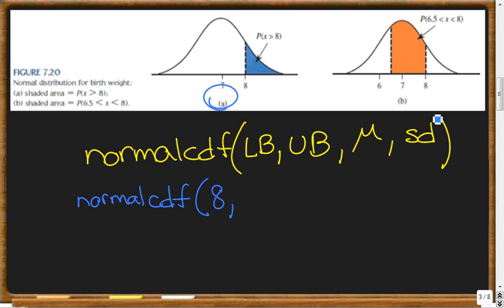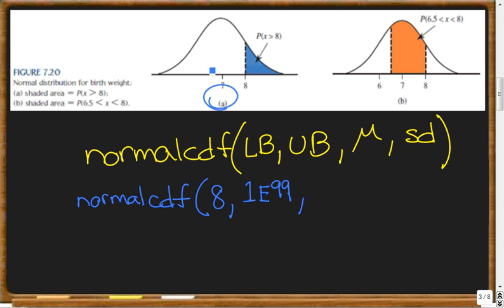Your upper bound, we don't know what that is, and what we do on the calculator in order to make sure that we don't make any mistakes is we type in basically infinity, but with your calculator you're going to type in 1e99. That is 1 times 10 to the 99th power, which is such a huge number that it's going to make sure that you get as accurate an answer as possible.